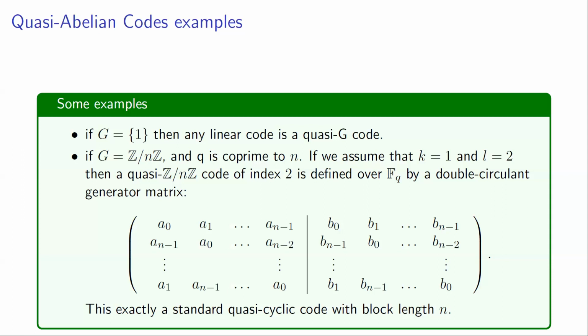And if you take G to be the cyclic group, I put here an example in the case of just one row and two columns. So here, this is just an element of FQ of G, and this is another one. But as I display the matrix over FQ, it has a second block.